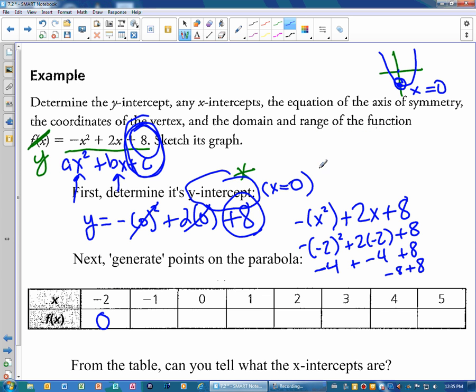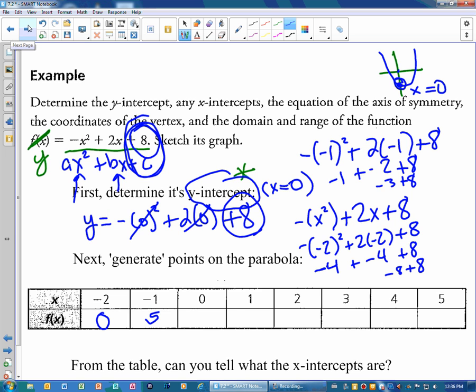You could do the whole thing again for negative 1. So when x is negative 1, I'm going to have negative 1 squared plus 2 times negative 1 plus 8. Negative 1 times negative 1 is 1, but it's negative. Plus negative 2 plus 8. Negative 1 and negative 2 are negative 3. Plus 8 is 5.